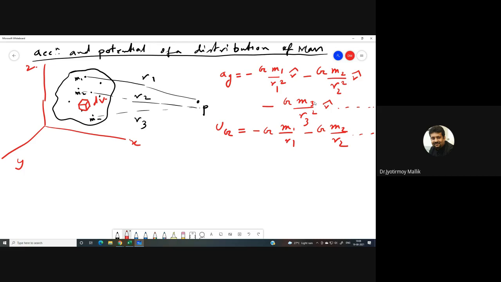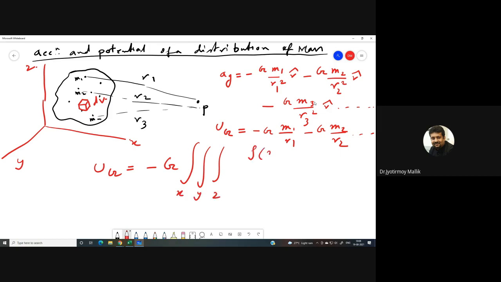Okay, so if we do that, we can write down UG is equal to minus G, of course, and then we are integrating against X, Y, and Z, right?